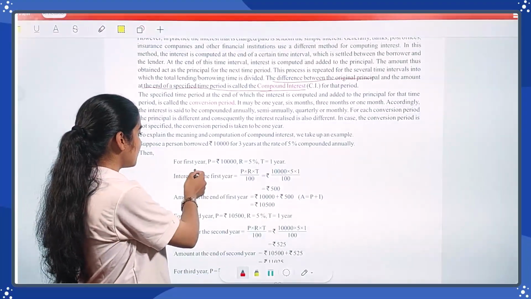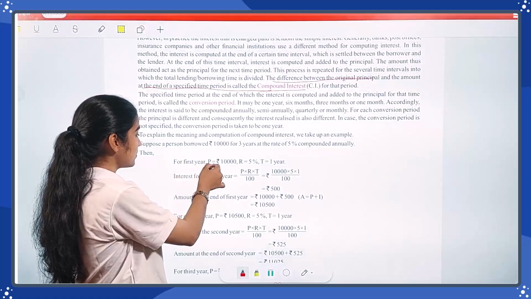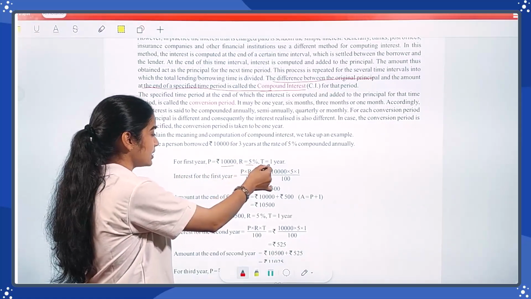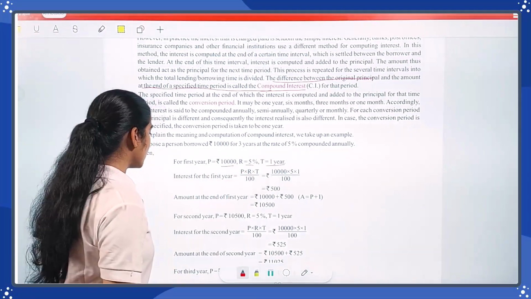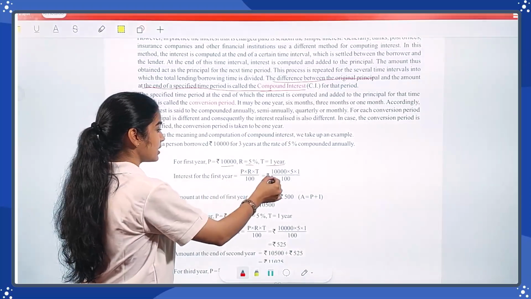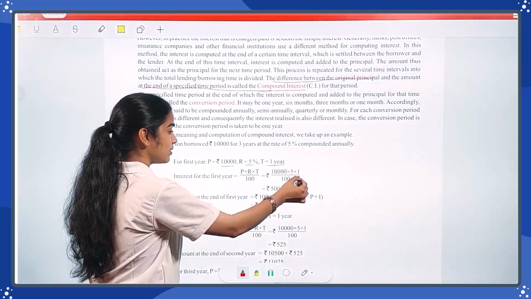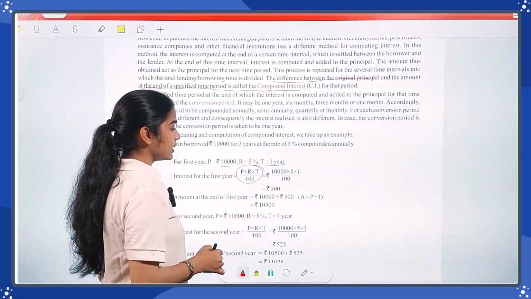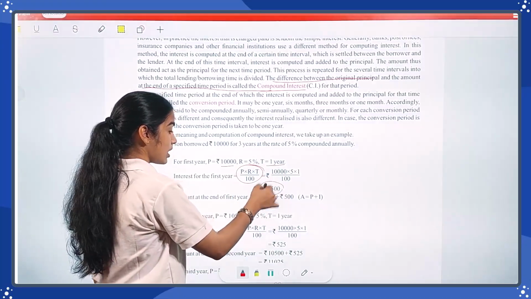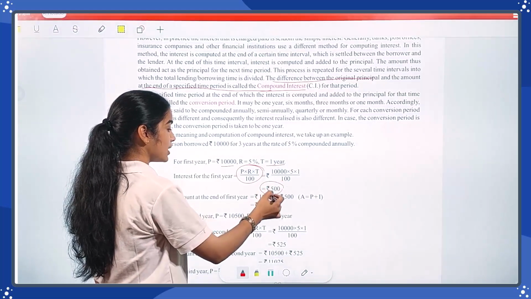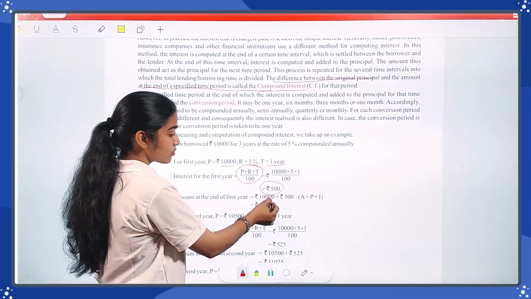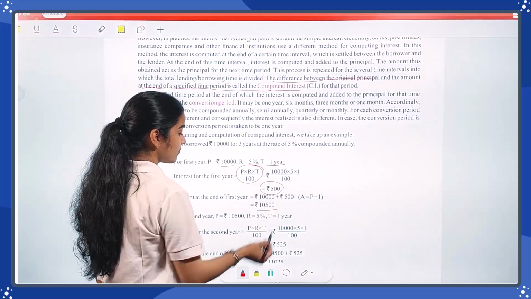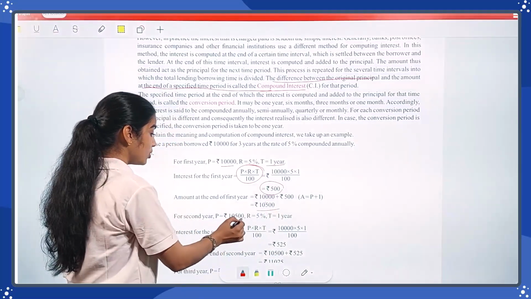Now for the first 5 years, P is 10,000, R is 5%, and time is 1 year. So interest for the first year is 10,000 multiplied by 5 multiplied by 1 divided by 100, which is the formula P into R into T. So this is your interest. Now what you have to do is add this interest to your principal. So the new amount is 10,500, and this is your new principal.